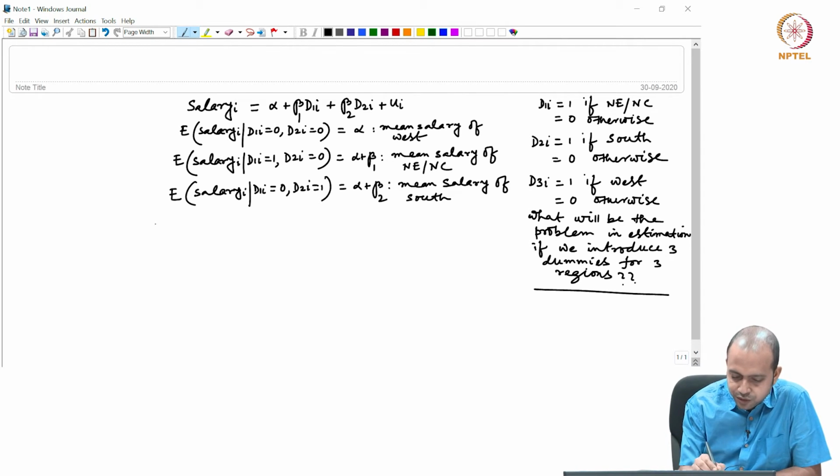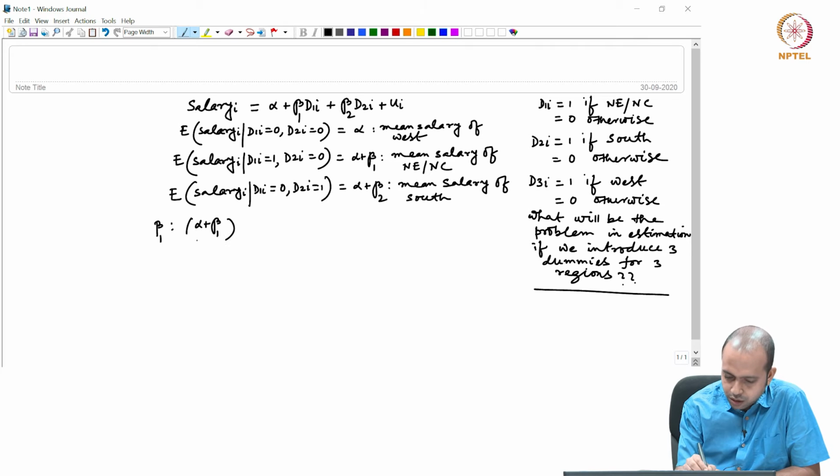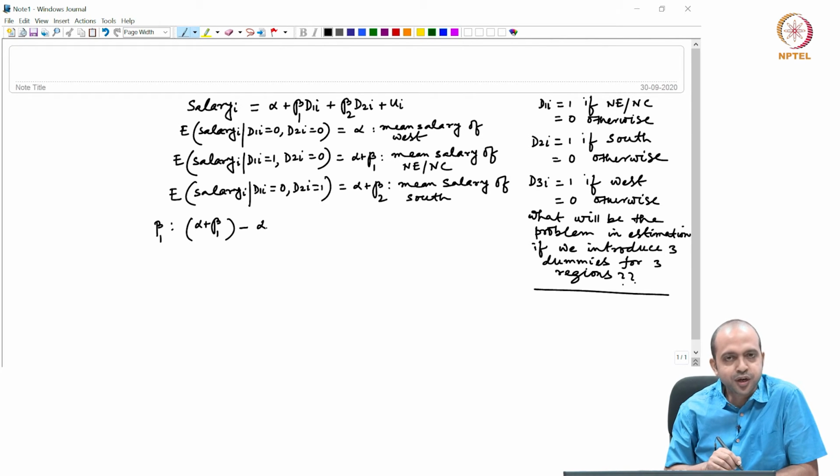So, beta 1 you can derive as alpha plus beta 1 minus alpha. Alpha plus beta 1 minus alpha is actually beta 1, and alpha plus beta 1 is the mean salary of northeast or north central, and alpha is the mean salary of west.